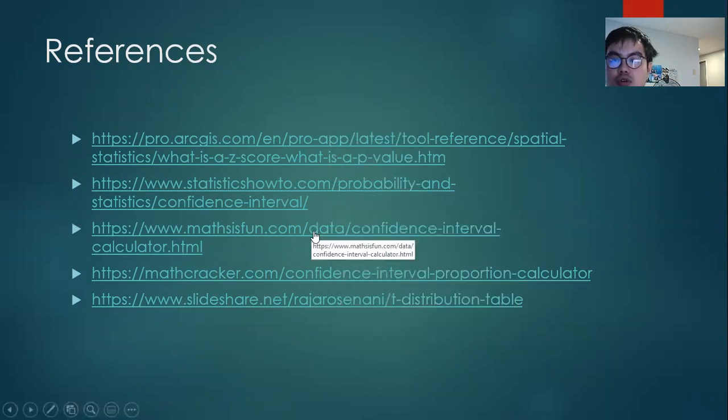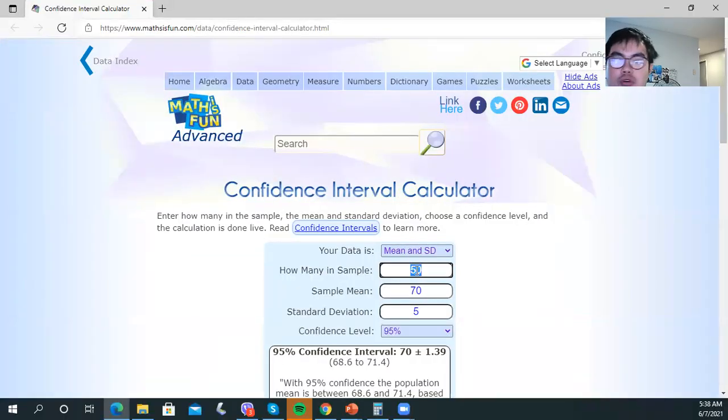We are going to choose at least one calculator. So this is the confidence interval calculator. How many in sample? We're going to try finding the confidence interval using this calculator.